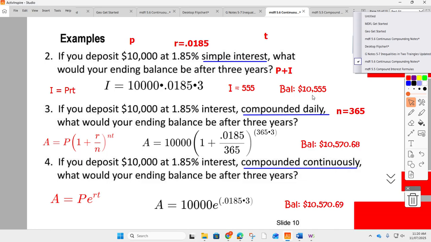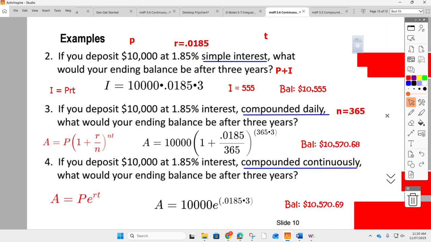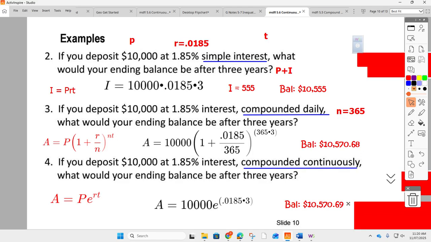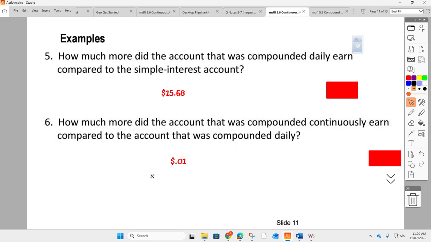Add, subtract, multiply, or divide. Subtract. So we're going to take the compounded daily, $10,570.68, and subtract $10,555. That's 15.68. Continuously compounding and daily compounding are only 1 penny apart, right? FYI, that's how you write 1 cent, 1/100th of a dollar.